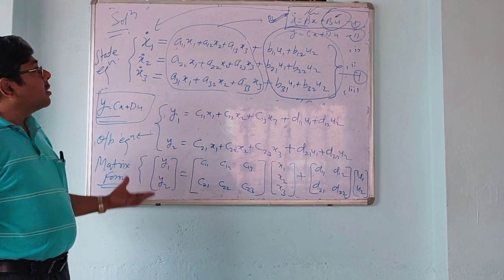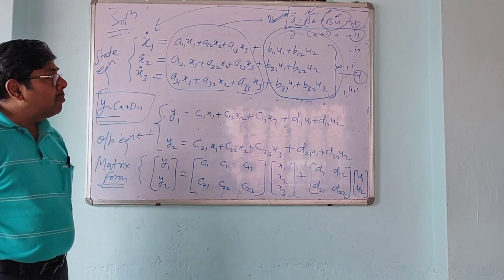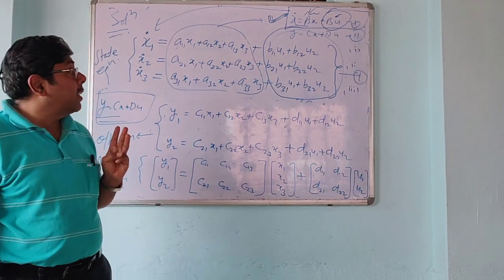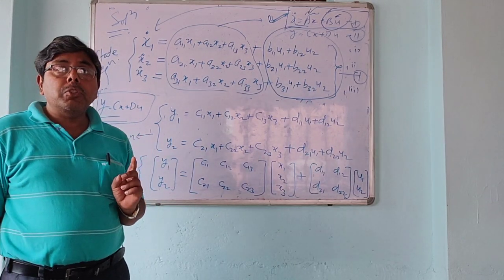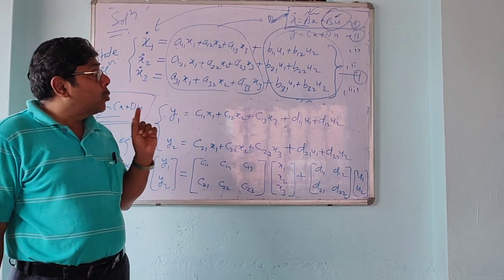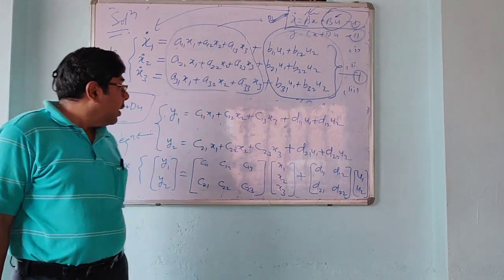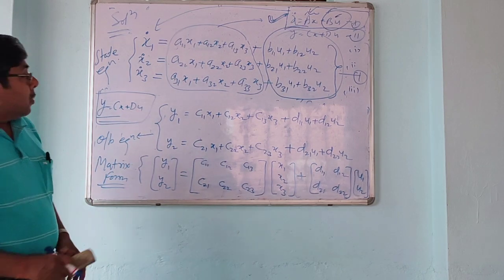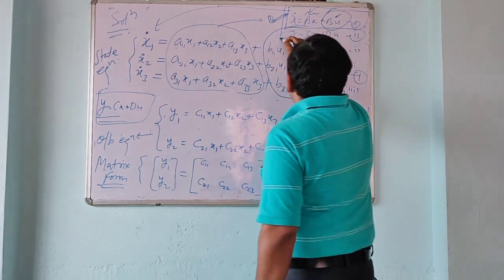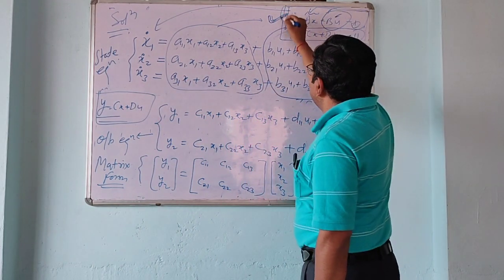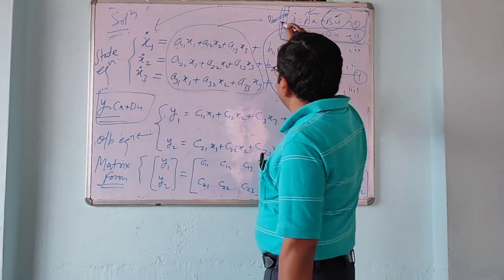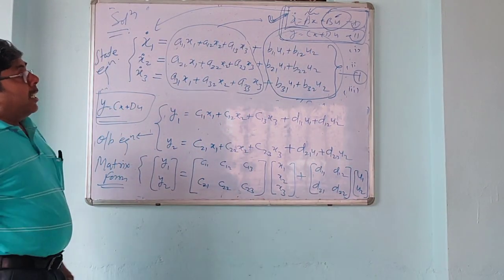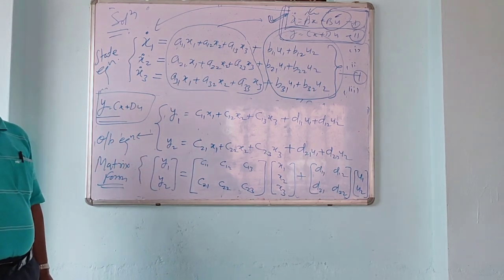So this is all about your problem. We have three states x1, x2 and x3, two inputs u1 and u2, and two outputs y1 and y2. So we can represent this system in state space form, meaning in these two equations, x dot equals Ax plus Bu and y equals Cx plus Du.